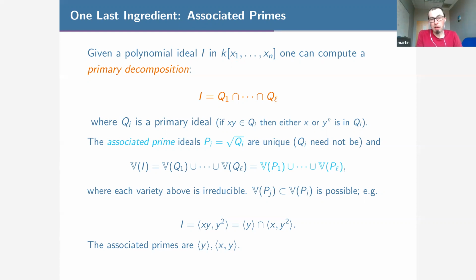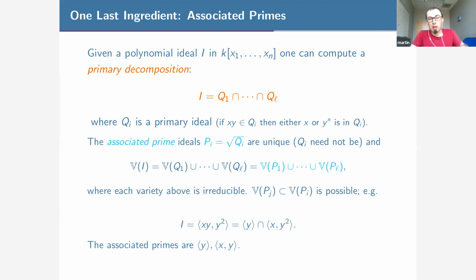And that just means if we have a product of two polynomials in the primary ideal, then either one of them is in it or a power of the other one is in it. And to each primary ideal, there's an associated prime, which is just the radical of the primary ideal. And the set of associated primes is the unique geometric object that we have here, and the primary components actually are not unique. So that's, I think, the main takeaway here.